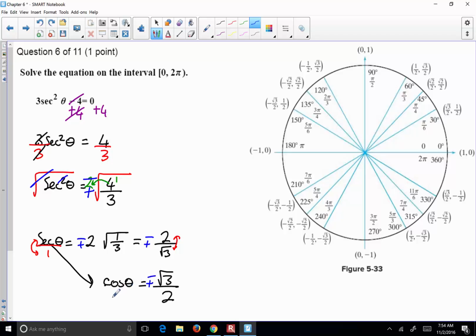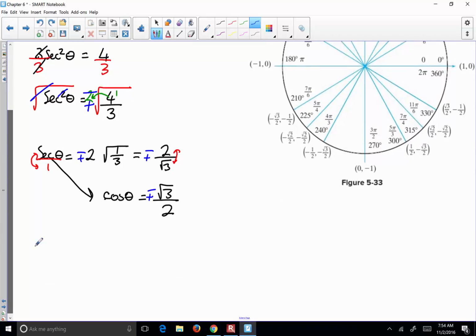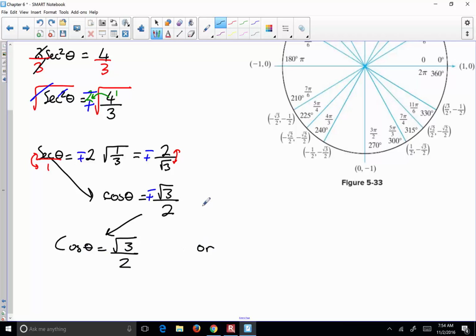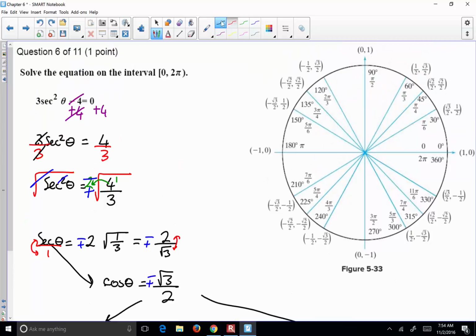Take a square root, always put plus and minus, okay? So there are two solutions you need to look up here. One, cosine theta equals positive root 3 over 2, or cosine theta equals negative root 3 over 2. And you need to look up angles, good news, only from 0 to 360. You don't have to do the 2 pi thing, okay?